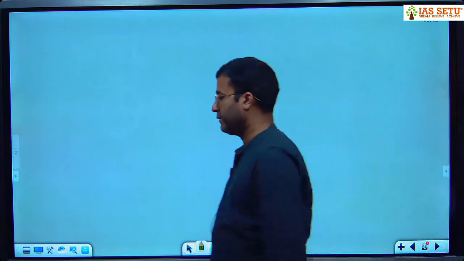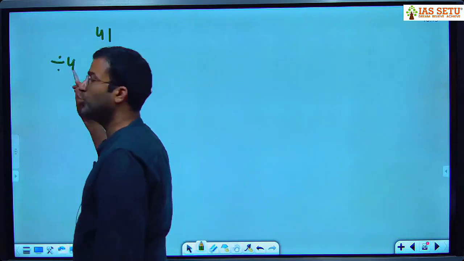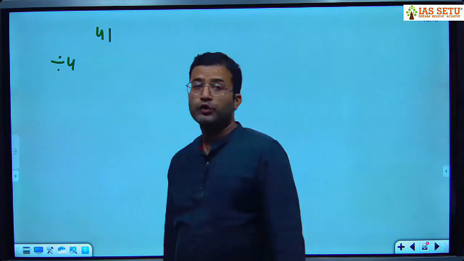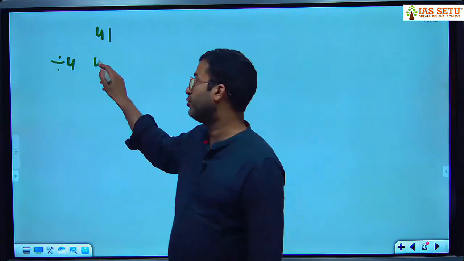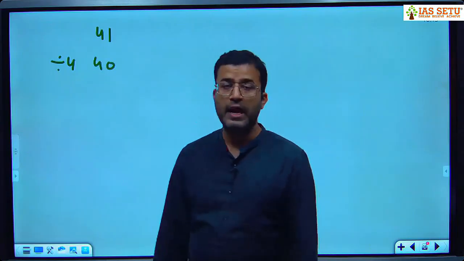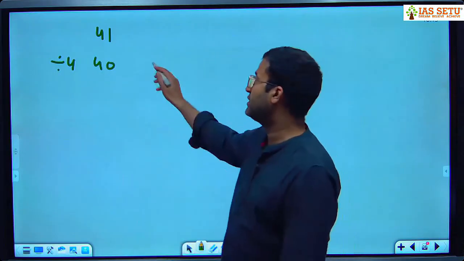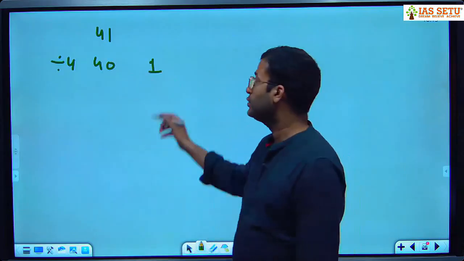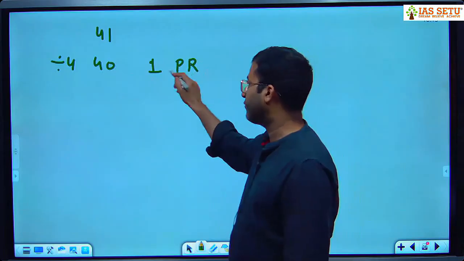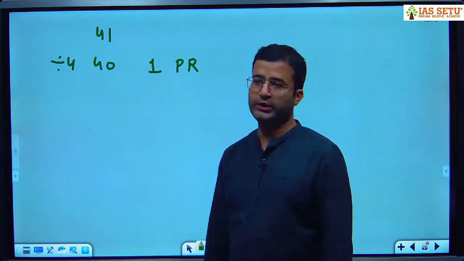See here, if you divide 41 by 4, as we have done in school days, we are taking the multiple of 4 near to 41, which is 40. And when we say 41 is 1 extra as compared to the multiple 40, it is a positive remainder 1, what we learned during school days.